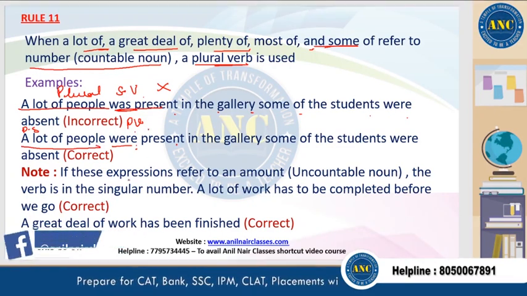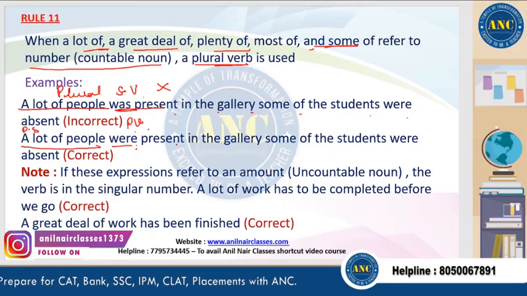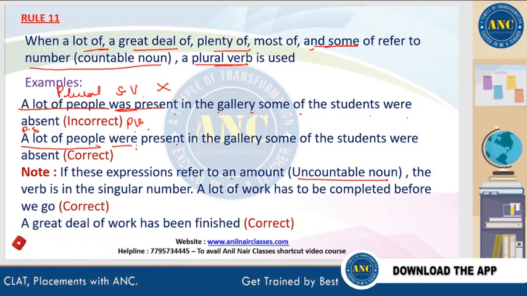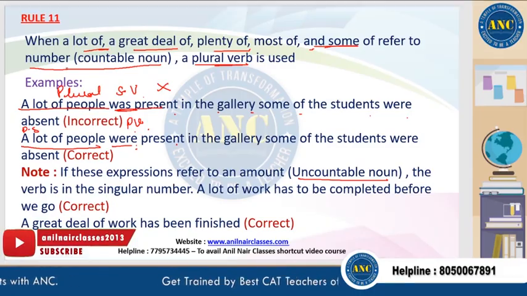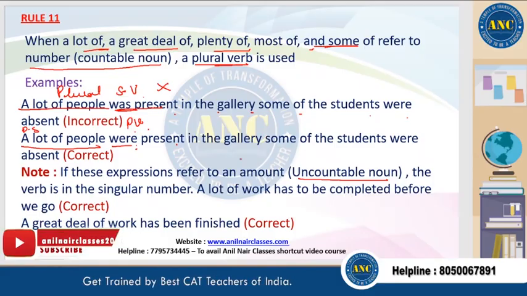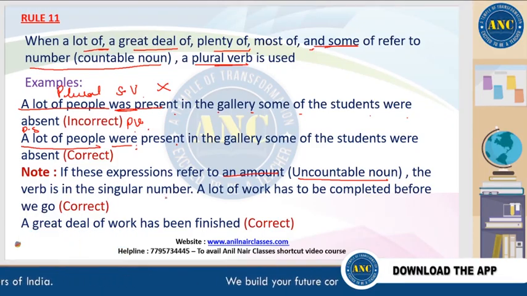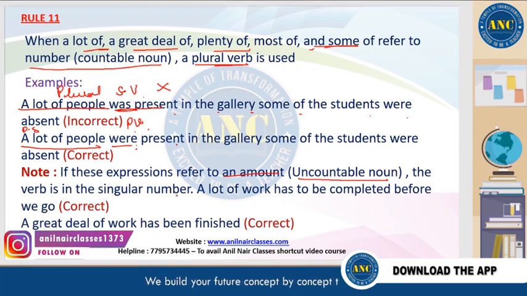Now if these expressions refer to an amount, which could be an uncountable noun, pay attention. In the previous one, we were talking about a number, which is a countable noun. Here we are referring to an amount, which is considered an uncountable noun. In that case, a singular verb will be used because it will be considered singular.